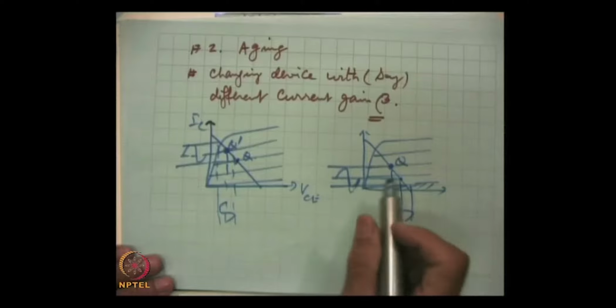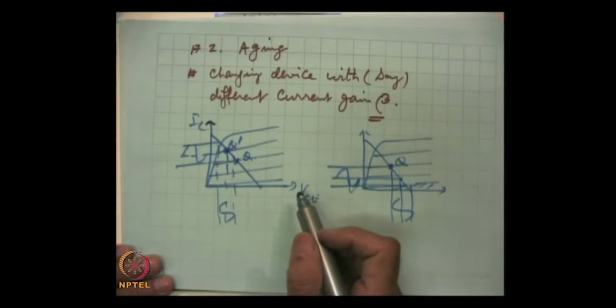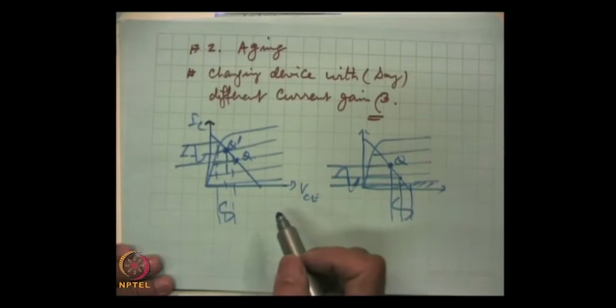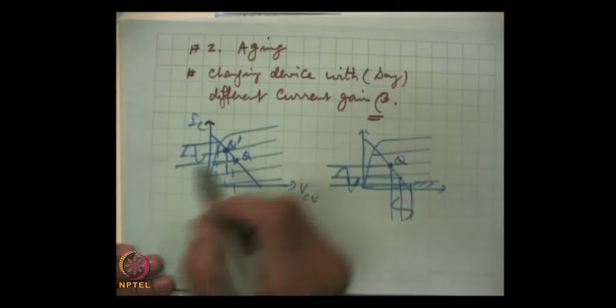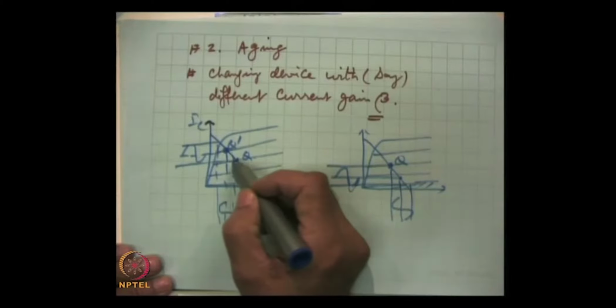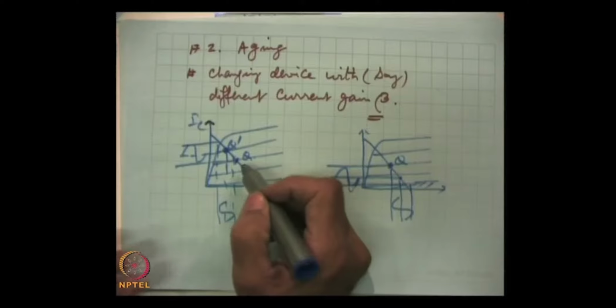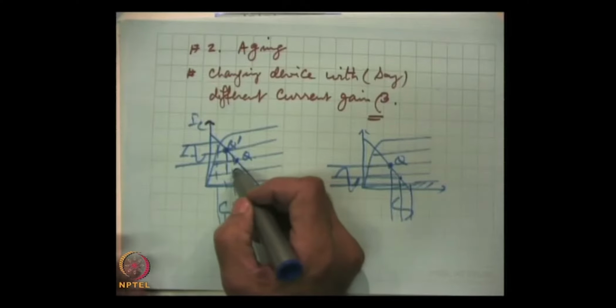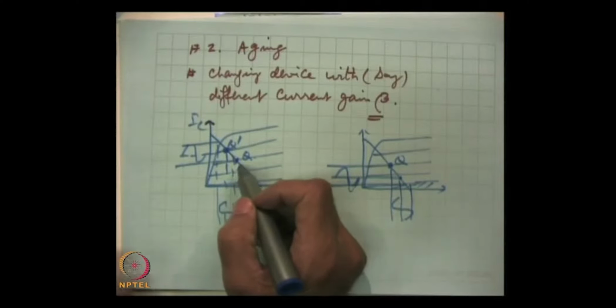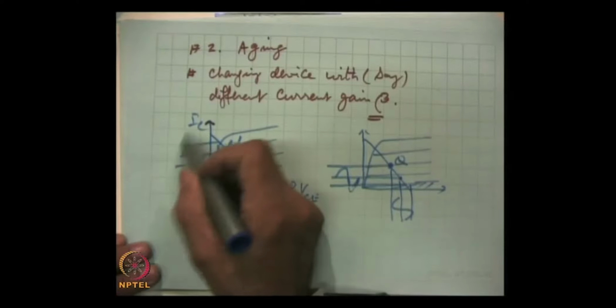So, that means we start with the right choice, and the right choice is somewhere in the center, not exactly in the center, but if it is here and here, then this is good enough. The choice becomes more stringent when we talk of power amplifiers where the swings will be very large.